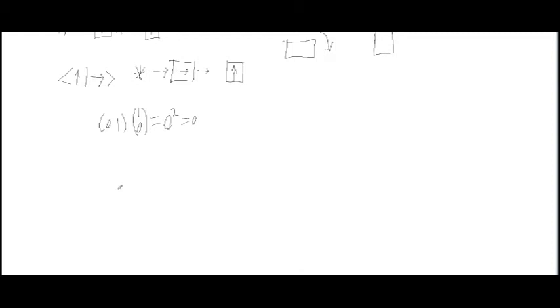So that would be if you did something like, let's say we prepare it as up, and we want to measure it at 45 degrees. So this is going to be 1 over square root of 2, 1 over square root of 2 as our row vector here, as our bra.